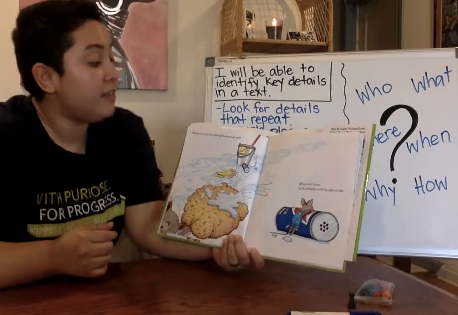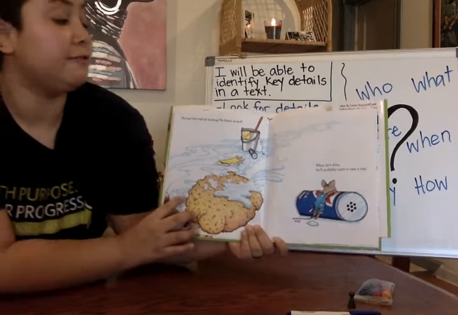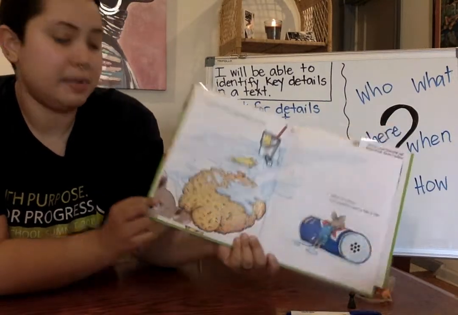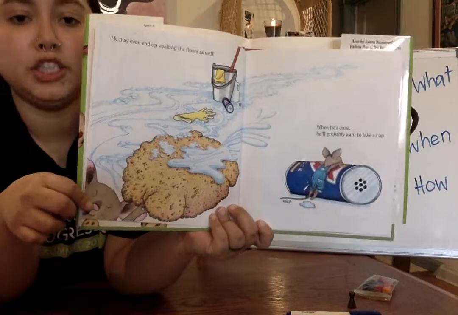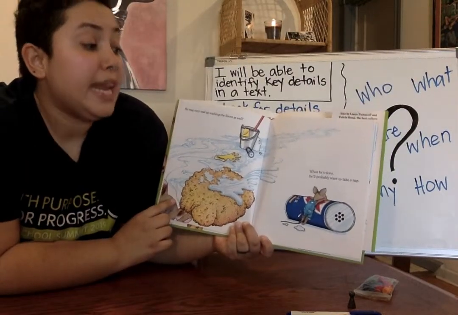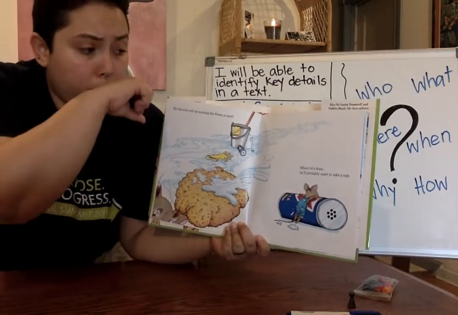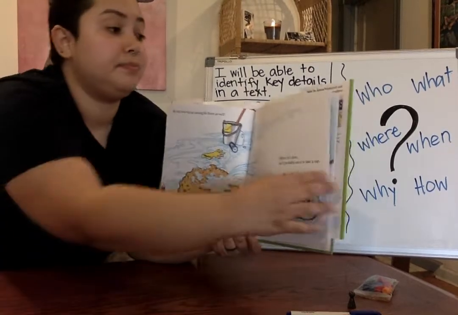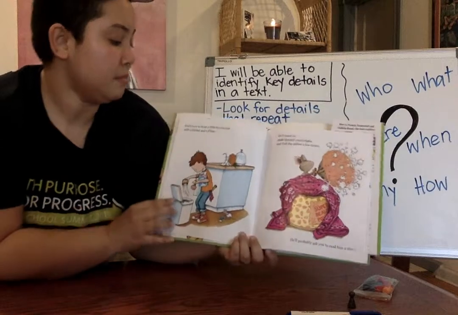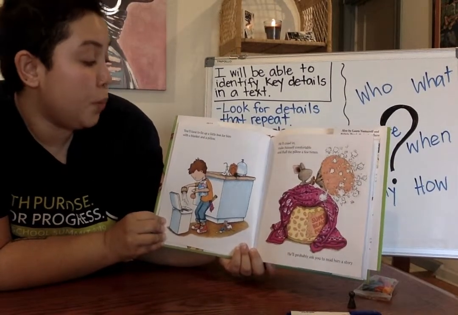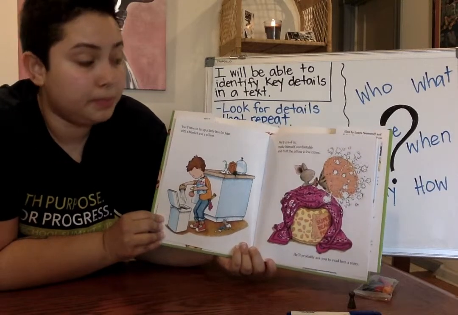He might even end up washing the floors as well. So here's the mouse with a big sponge washing the floors. When he's done, he'll probably want to take a nap. You'll have to fix up a little box for him with a blanket and a pillow.